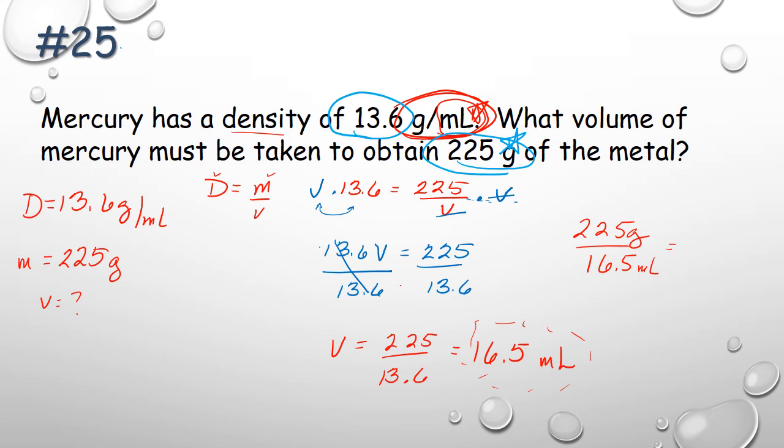It is basically a conversion number between grams and milliliters. So for every 13.6 grams of mercury, you have 1 milliliter of mercury. This is more of a conversion factor, an exact number, so use something other than the density, like in this case the mass, to obtain your significant figures.